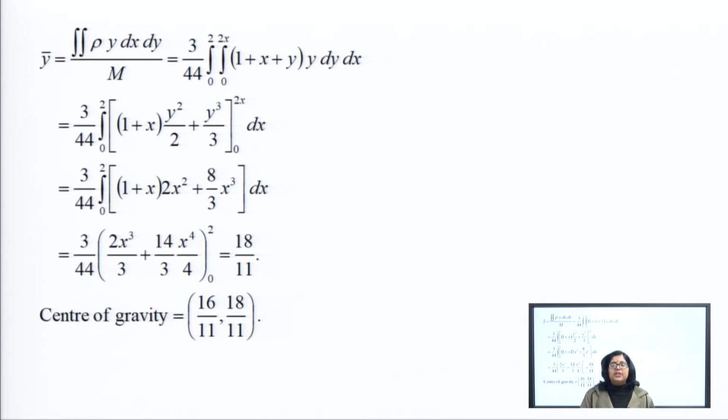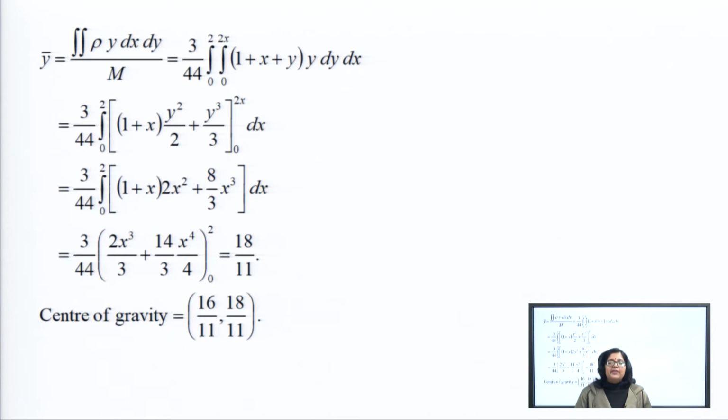So, integrate with respect to y first: 3 by 44, 0 to 2, 1 plus x, y square by 2 plus y cube by 3, with limit 0 to x. Put it here: 3 by 44, 0 to 2, 1 plus x, 2x square plus 8 by 3 x cube dx. This function is in x only. So, integrate with respect to x and put the limits 0 to 2, and we get 18 by 11.